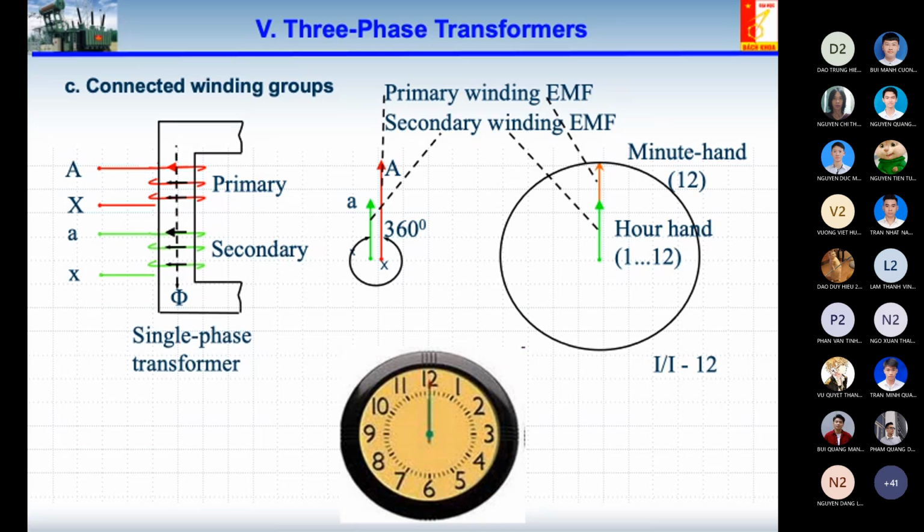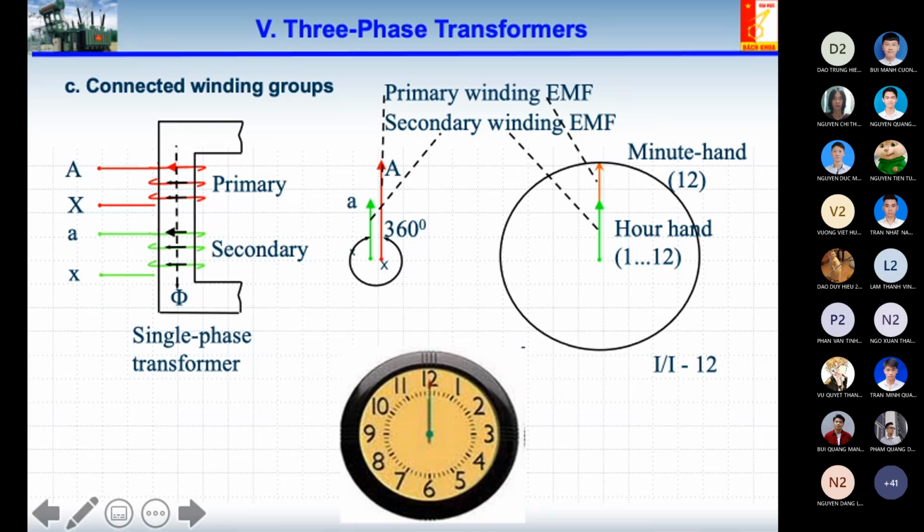Now we draw the vector of AX for the primary winding and also ax for the secondary winding. For the beginning, AX for the primary winding.